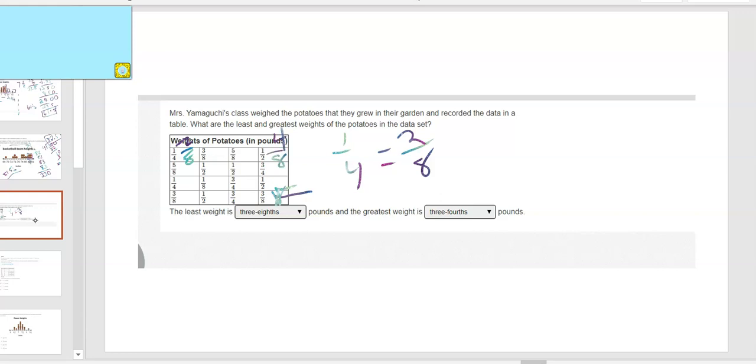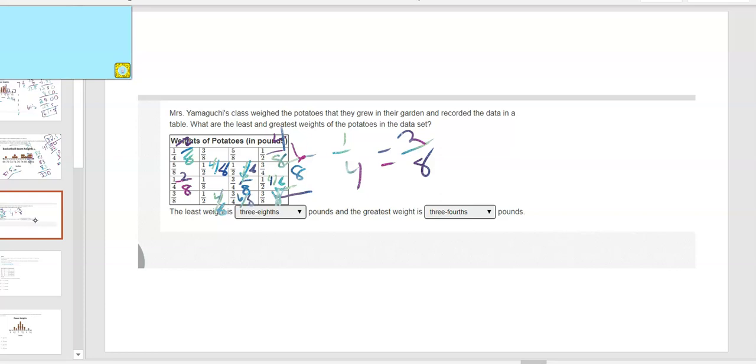3/8, 5/8, 1/2. If you want an 8 there, you multiply by 4, so that's 4/8. 5/8, 4/8. If you have an 8 here, 2 times 3 is 6, so that's 6/8. 4 times 2 is 8, so 2/8, 1/8, 6/8, 4/8, 3/8, 4/8, 6/8, and 3/8.